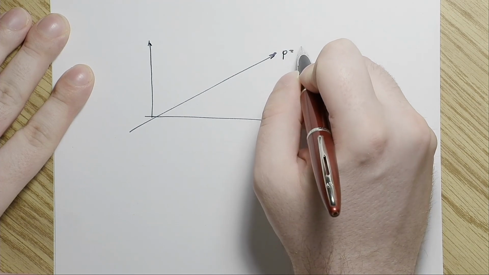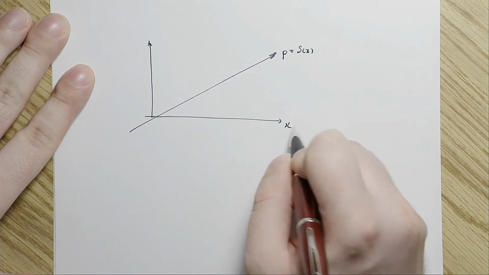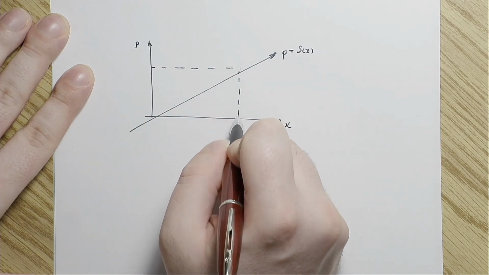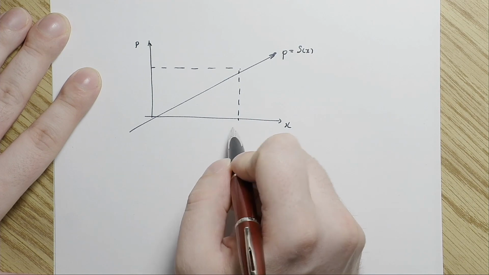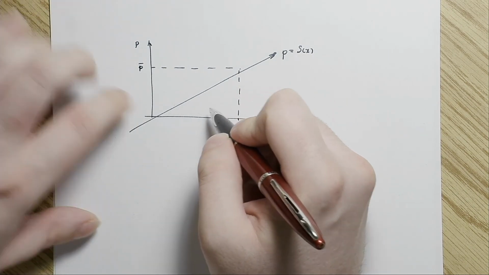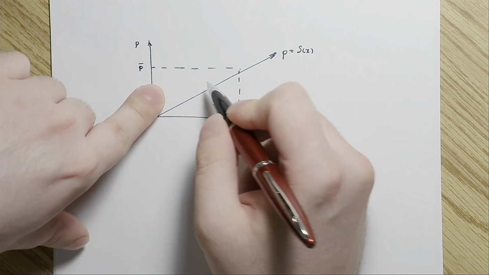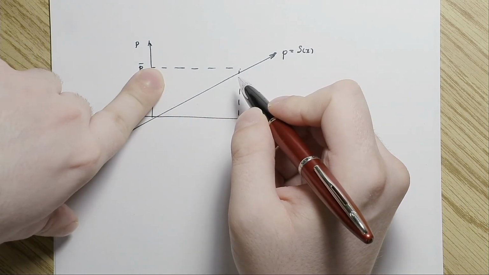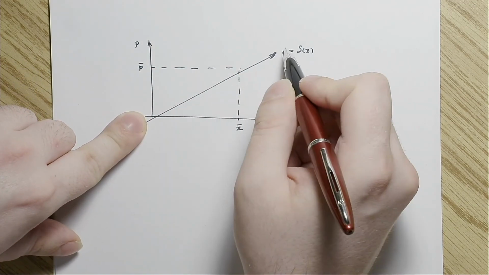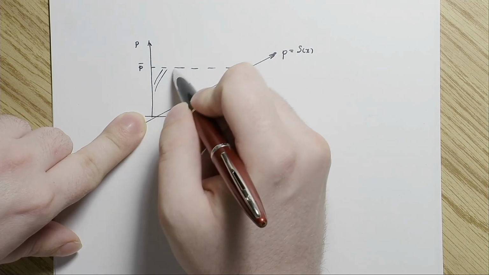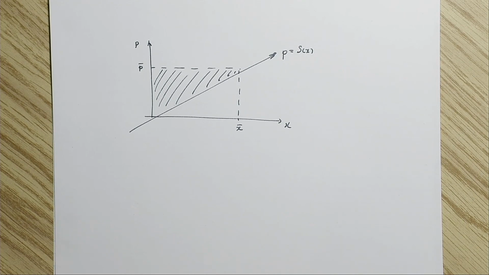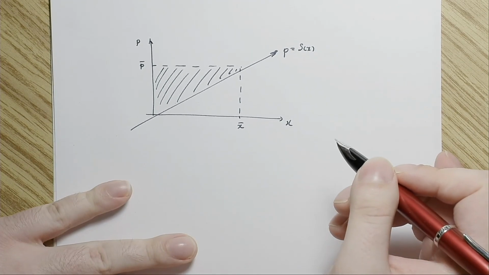So here's my p, here's x, here's p. Yeah, so this would be what the customers had bought, and this would be what the supplier surplus would be. So this would be a very easy case if it's just a straight line, and yes, you would just calculate this area right here. Okay.